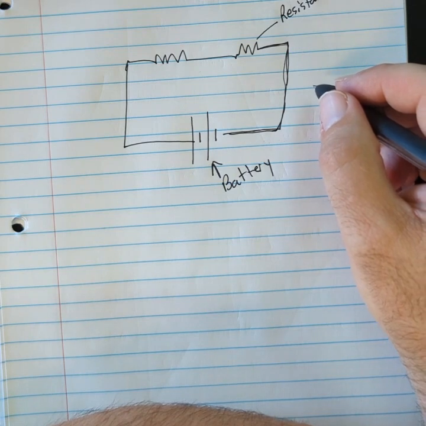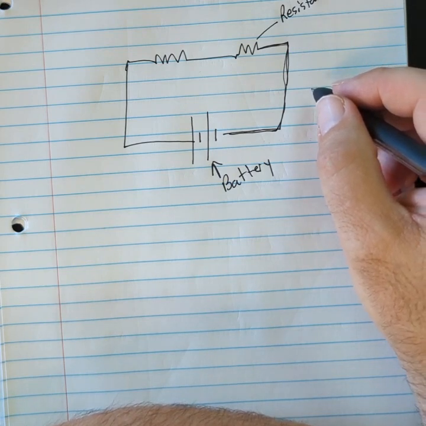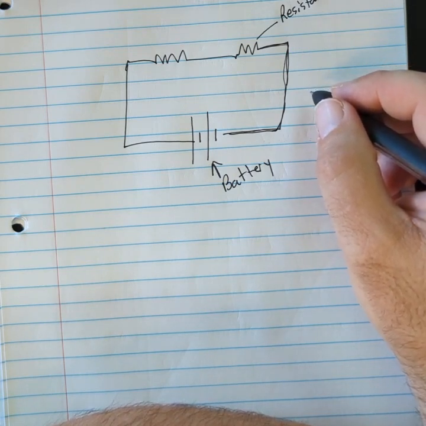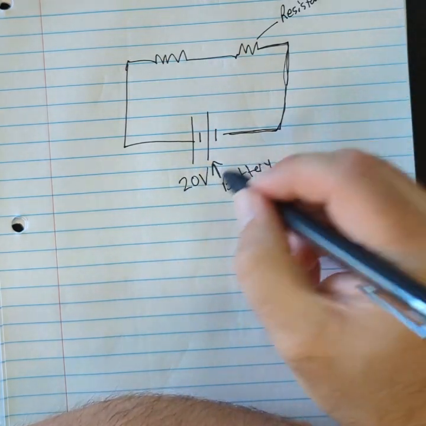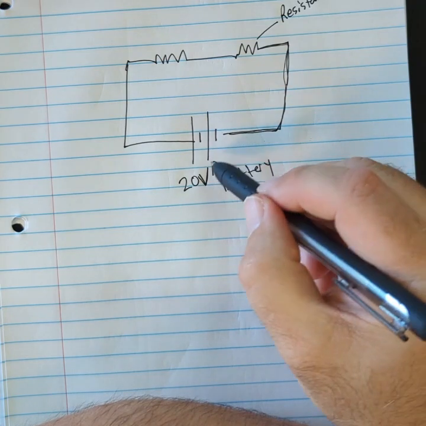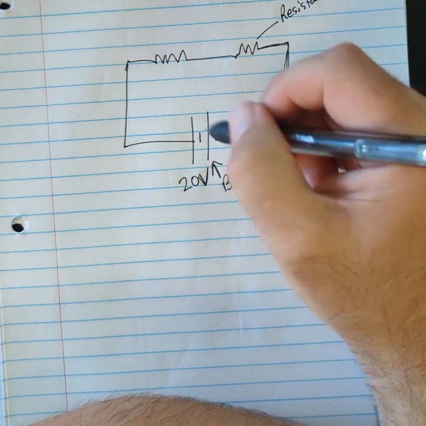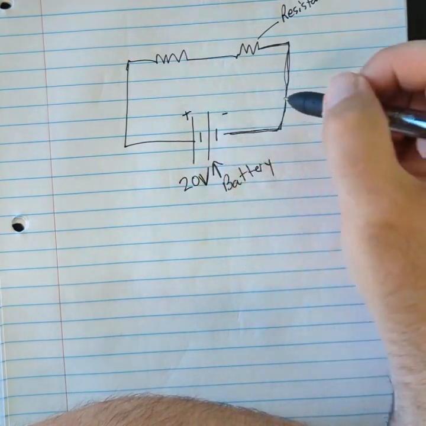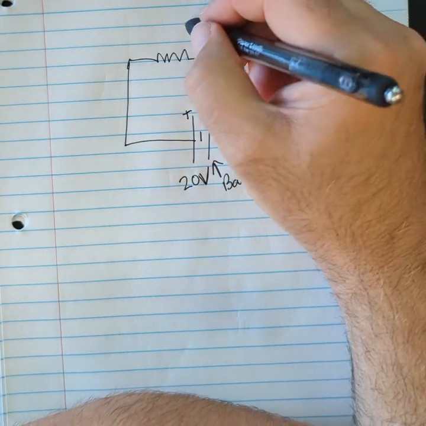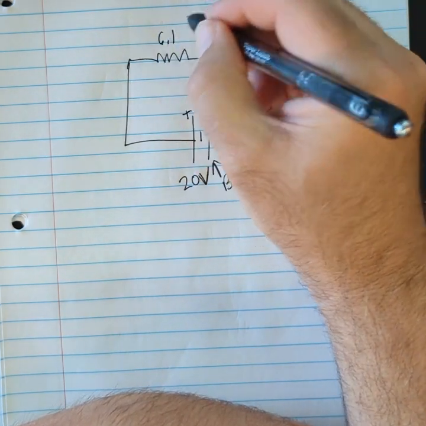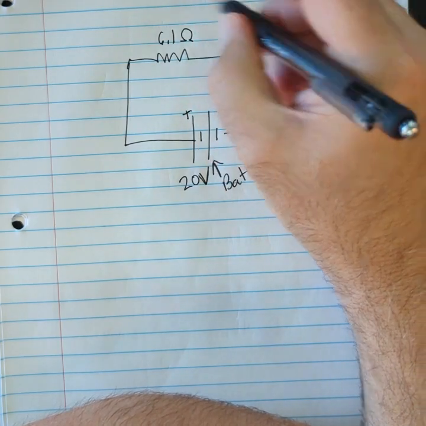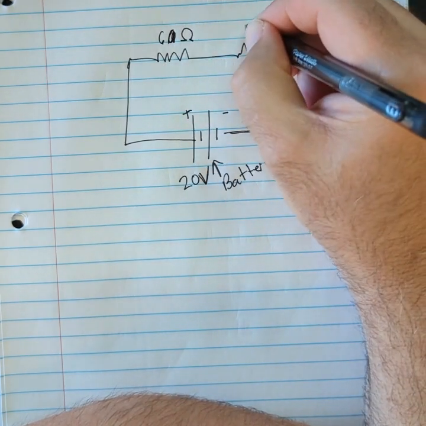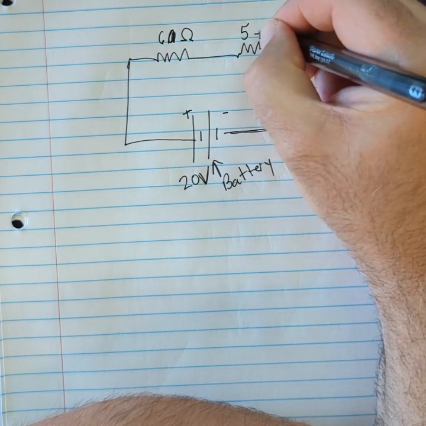Okay? And so then if we know that this is, say, 20 volts, that's the potential difference between the positive and the negative side of this battery. And then let's say this is 6 ohms of resistance, and let's say this is 5 ohms.